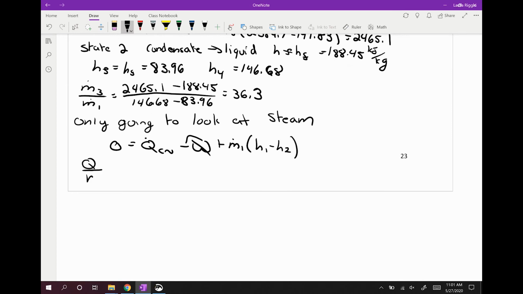So my Q per unit mass is equal to H2 minus H1. So our heat transfer per unit mass of steam is minus 2,276.7 kilojoules per kilogram, and again it's negative because it is leaving the steam and entering the cooling water.